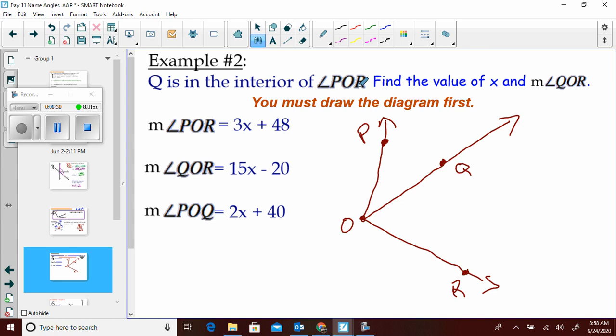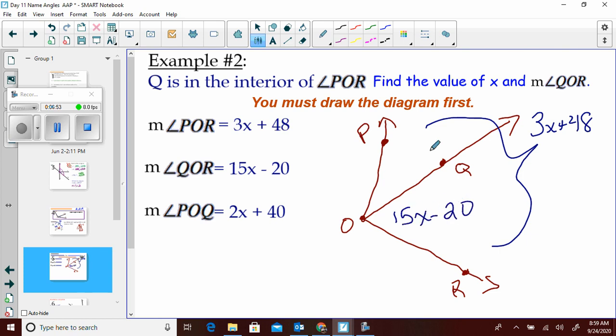If you're just talking the angle, there's no M. If you want the measure or the value of it, you have to have the M. So POR is 3x plus 48. QOR is 15x minus 20. And POQ is 2x plus 40.